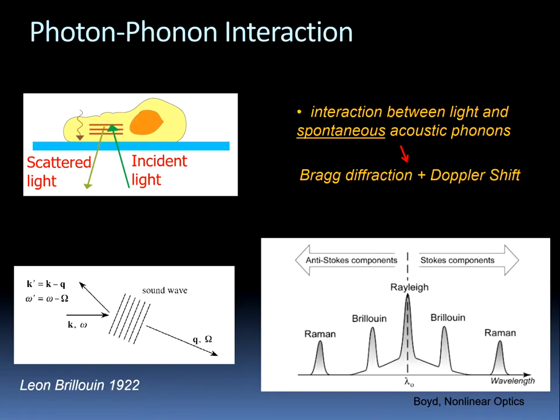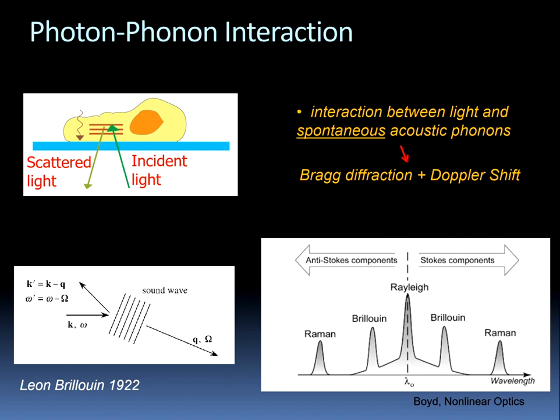Let me guide you through this a little bit more. What we basically do is shine light into a material, and light interacts with an acoustic phonon inside the material and comes back scattered at a slightly different frequency. If you are familiar with Raman, this is a similar phenomenon, but with a much smaller shift because the interaction is with spontaneous acoustic phonons.